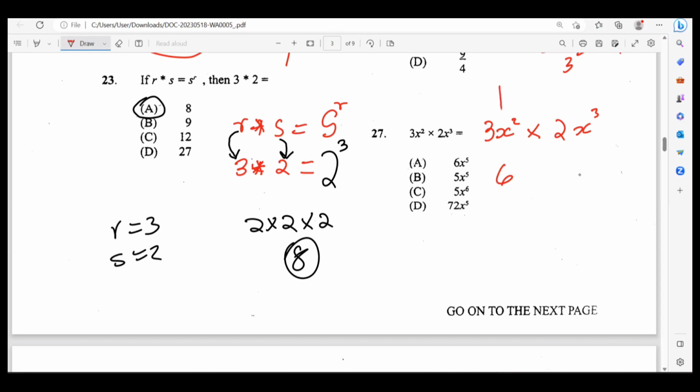Now the issue is, how do you manipulate that? So the x will be there, but when you multiply the same letter, you actually add the power. So you're talking about x raised to the 2, there's another x to the third, you add the power. So the powers of the x increase by addition, right? So we're looking for that. Our answer is A.